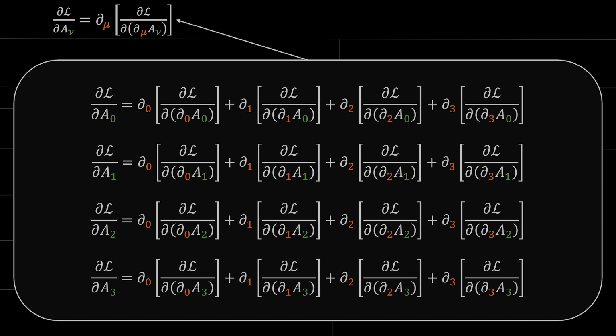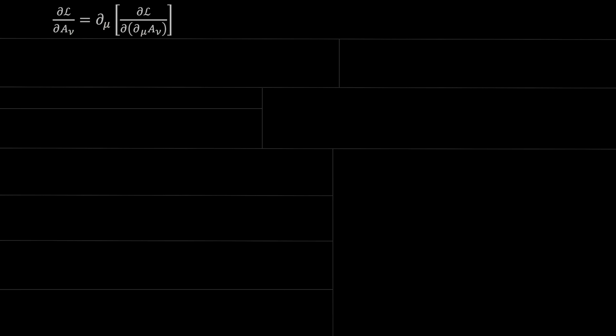And meanwhile, mu takes on all values and is summed over. So if you want, you can think of this as a 4-channel equation where each channel corresponds to a single value of nu. And then the right-hand side of each channel is actually the sum of 4 terms, one for each possible value of mu, 0, 1, 2, and 3. So now to solve this equation, let's write out our Lagrangian.